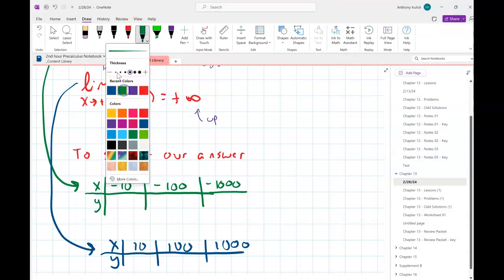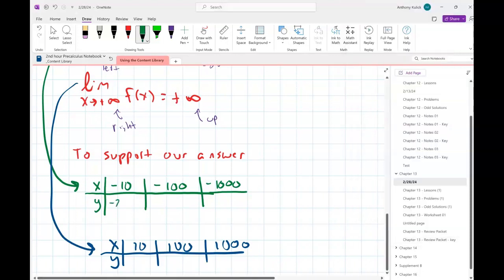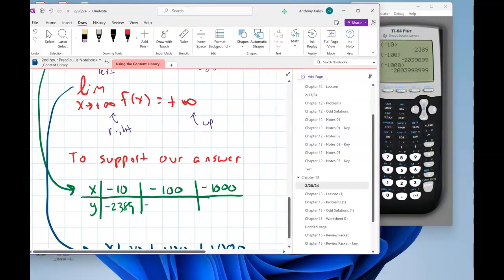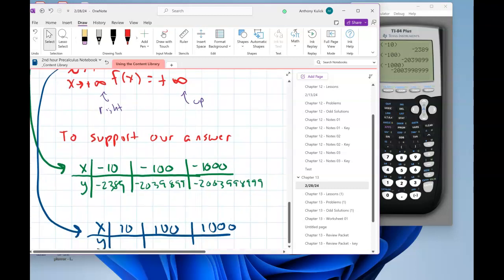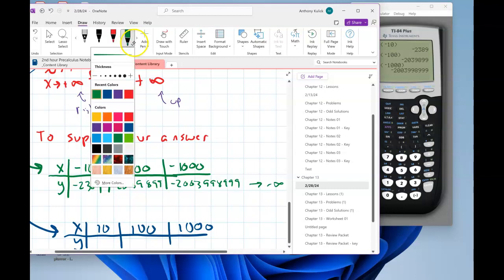What do you notice is going on with those numbers? Well, are they getting bigger or smaller? Smaller because they're negative, right? It's more negative. So what I see is going towards negative infinity. The smaller the x is getting, the smaller the y is getting. That's what I'm looking for.